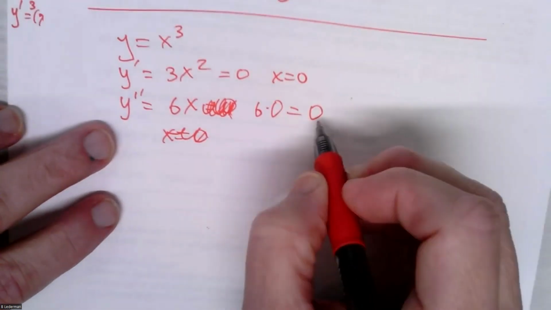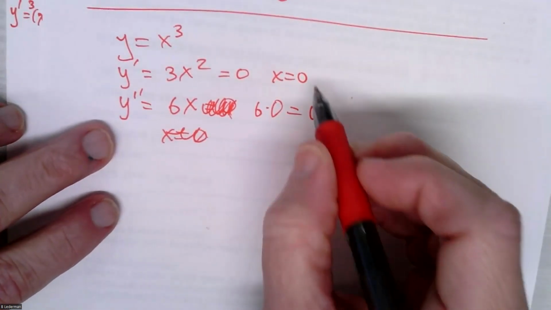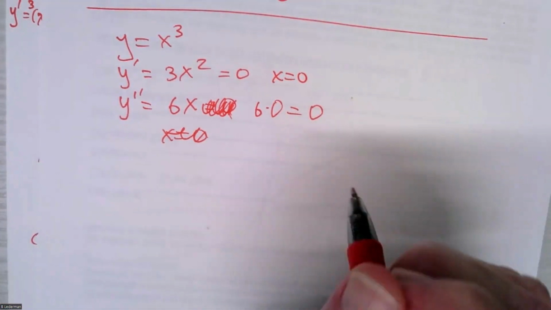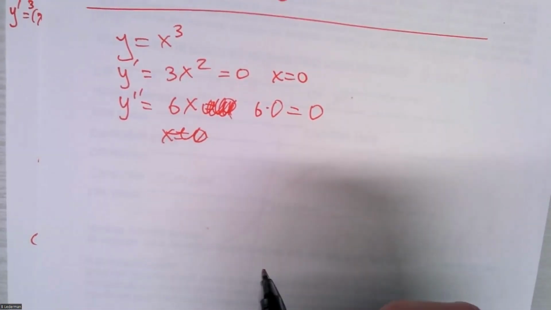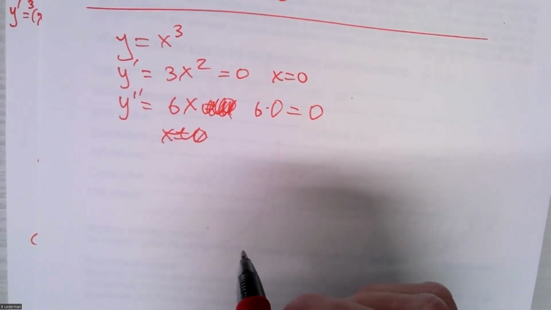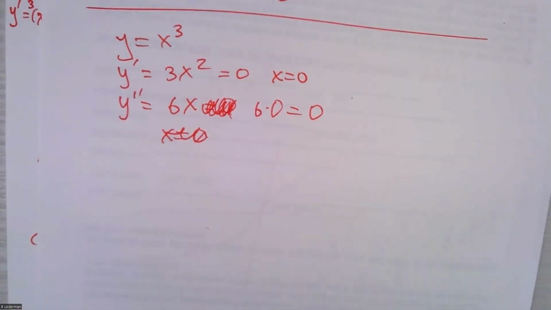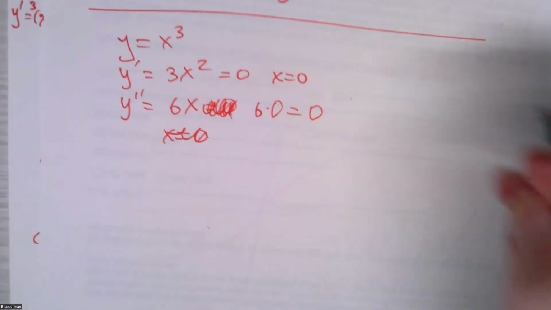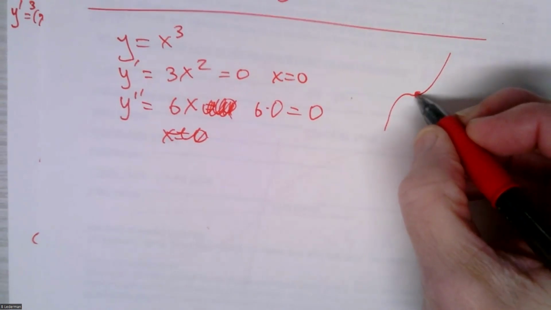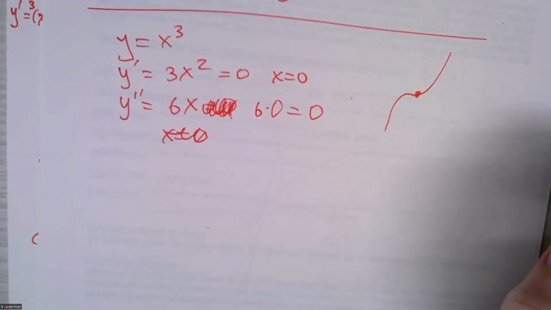And since the second derivative equals 0 at the critical number 0, it is inconclusive whether it is a max or min. We actually saw in Desmos that it's neither a max nor a min.